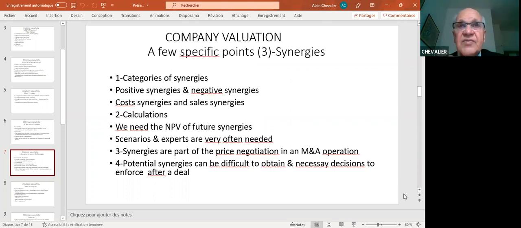Sales synergies allow you to sell, for example, the product of company A in the country of company B using its distribution network. The distribution network is already paid, in fact. It's amortized. That means the distribution of the product of company A by the network of company B will increase the cost, but only marginally.